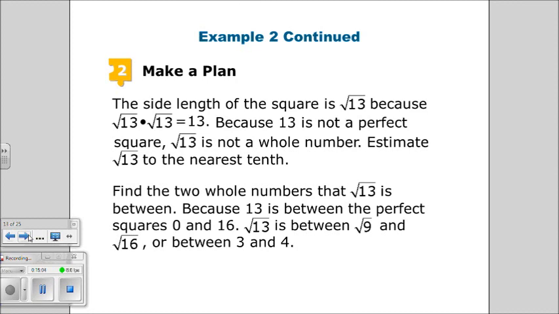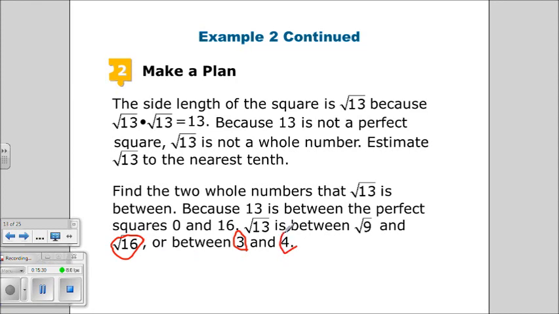Because 13 is between the perfect squares from 0 up to 16 on the number line, you will find that the square root is between, as I explained to you on the last slide, the square root of 9 and the square root of 16. So what is the square root of 9? Equal to 3, right? And what is the square root of 16? Equal to 4.